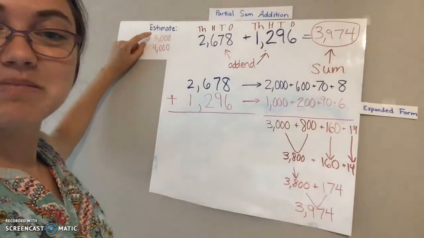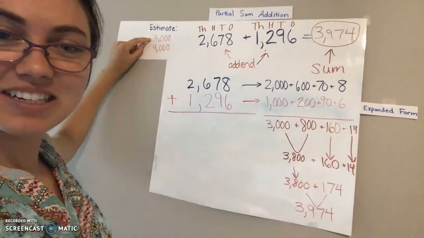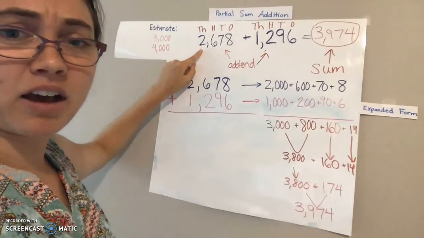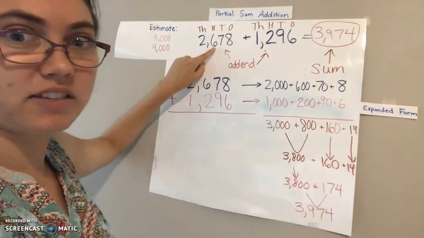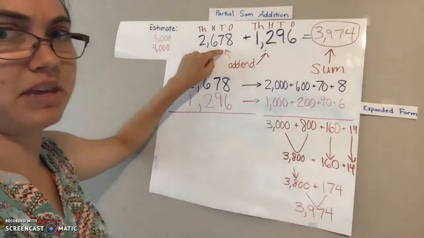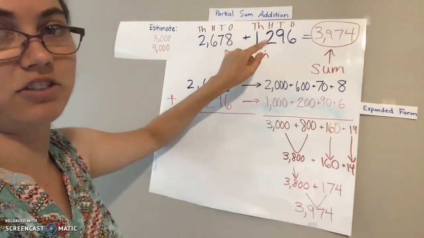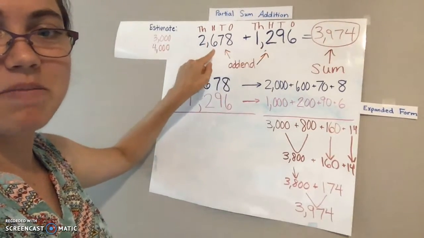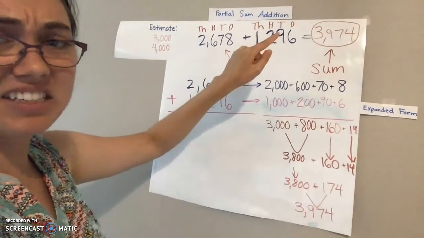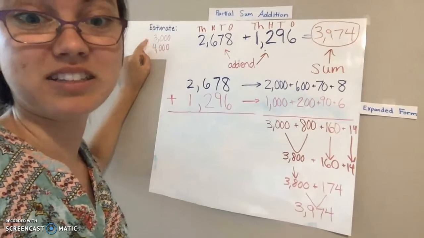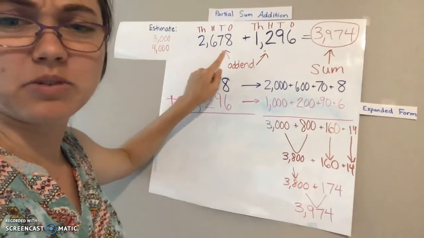So we made an estimate guess of 3,000. But we also noticed that beyond the thousands place, there were lots of hundreds. Those are big values. And in our other addend, lots of hundreds. So maybe when we combine all those hundreds and tens and ones, we might even be closer to 4,000 instead of 3,000. With all those hundreds.